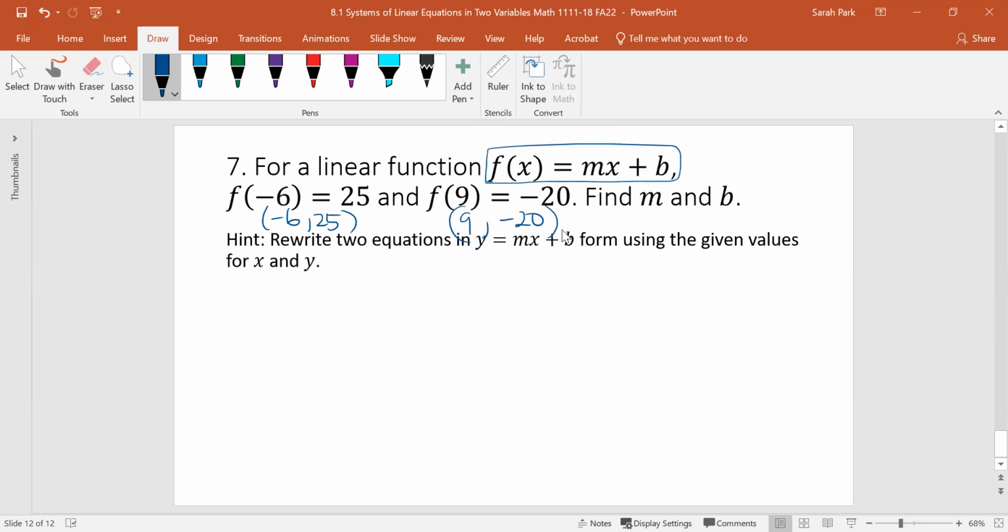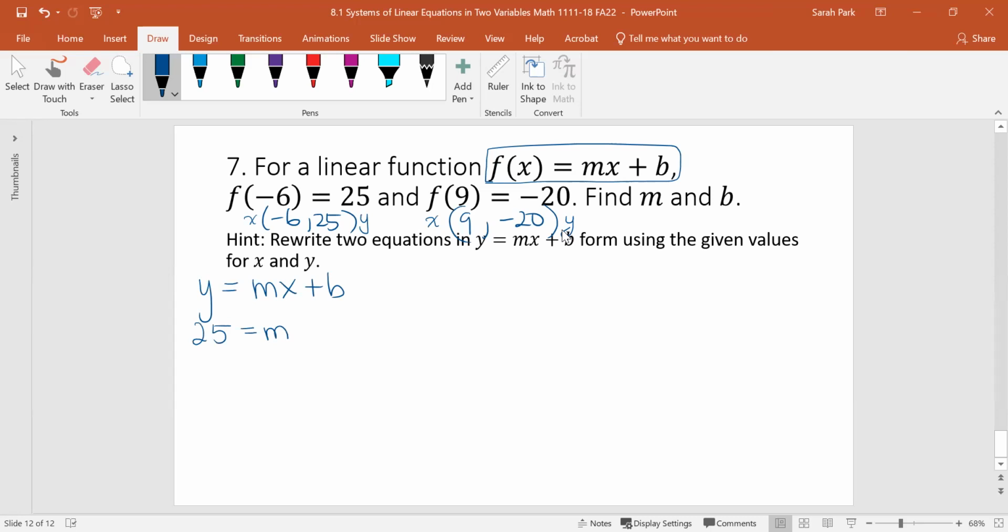So y equals mx plus b, or f of x equals mx plus b. Remember, -6 and 25, these are the x, y values. So this is the x value, that's the y value, same thing for x and y. What we're going to do is write 2 equations using these x, y values, given that we know the slope-intercept form was y equals mx plus b. So the first point, -6 and 25, let's plug in 25 in for y.